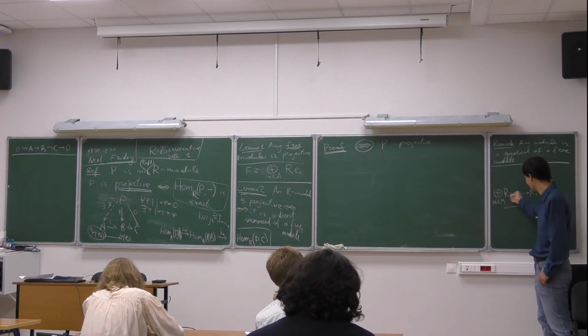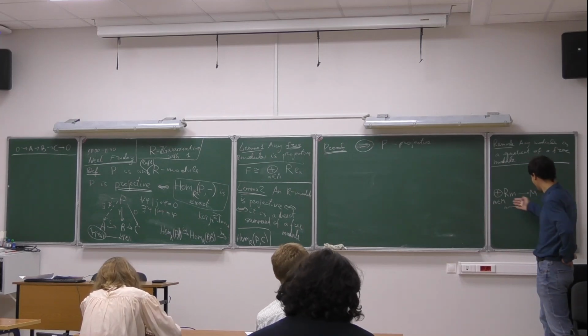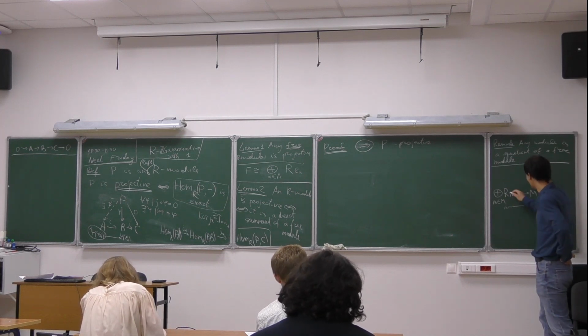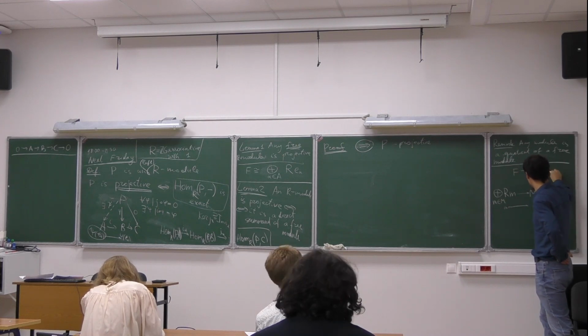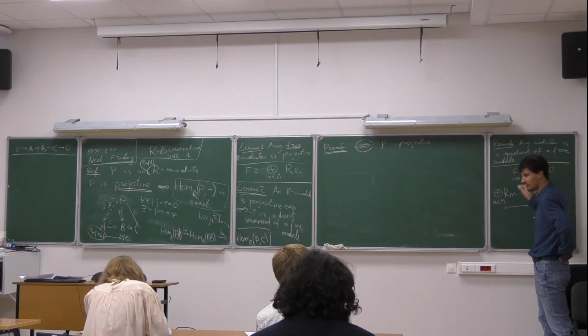And then you can extend it by linearity to the whole free R module. And of course, this is surjective, since any m is in the image. So we always can include any module into such a sequence where F is free.